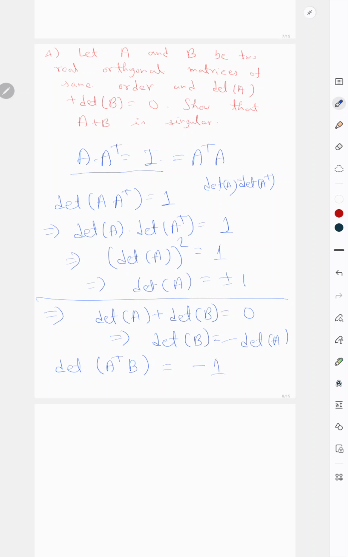Because determinant of A is 1 or minus 1, right? So if determinant of A is minus 1, then det B will be plus 1.